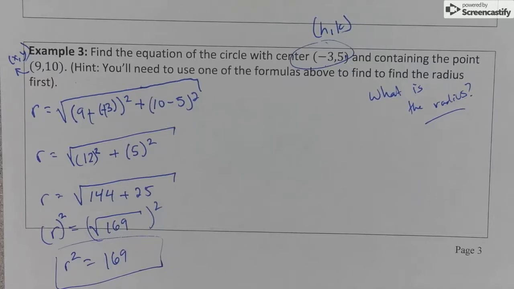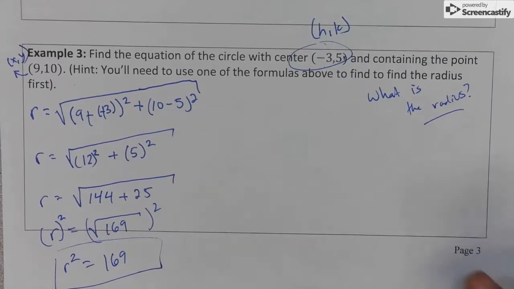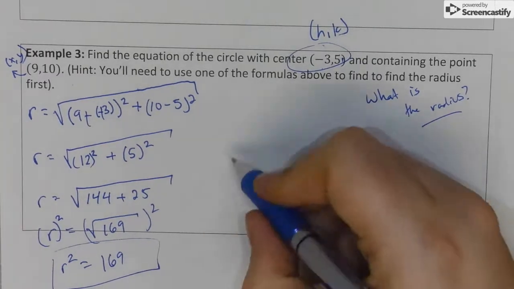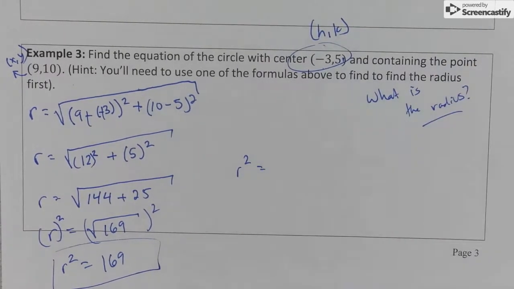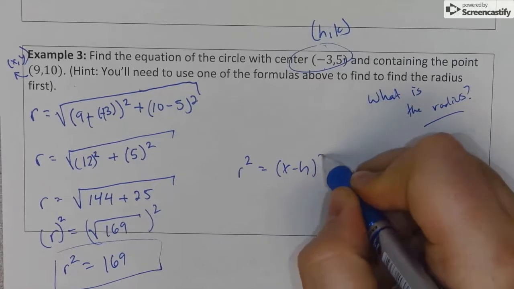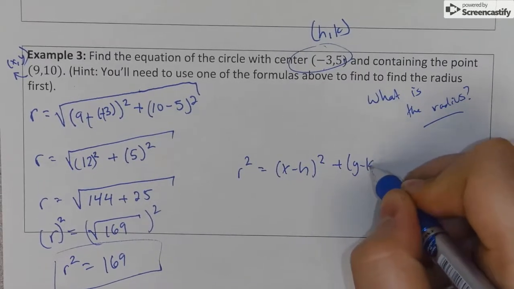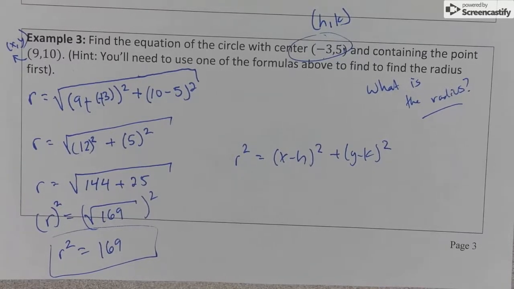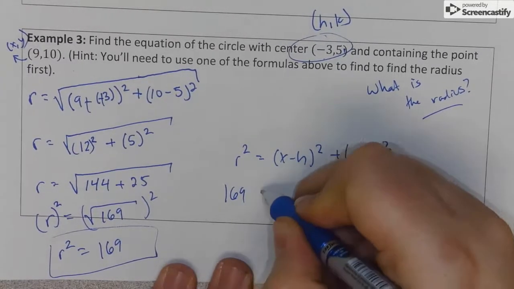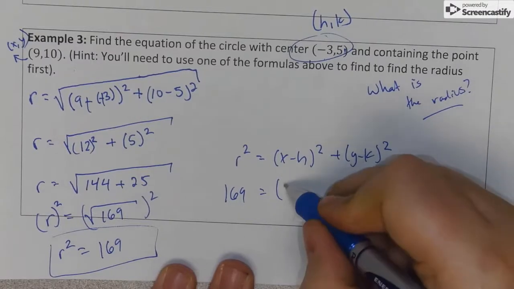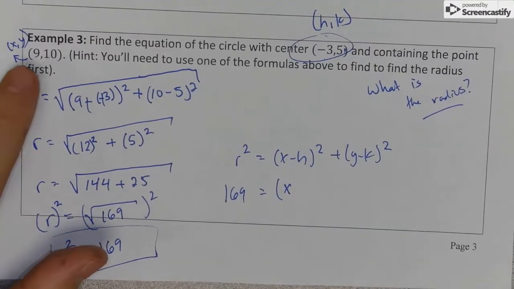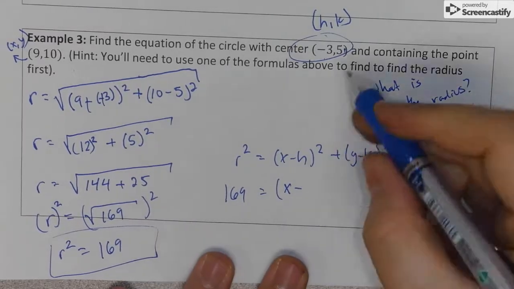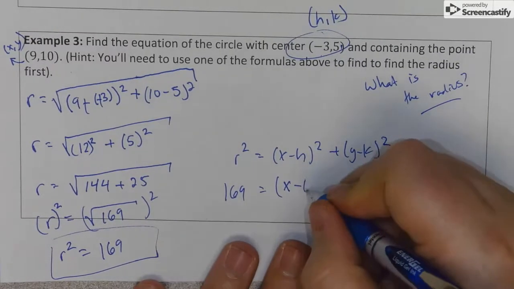So we can use that with the equation of a circle, which, just looking above on your sheet, is r squared equals x minus h quantity squared plus y minus k quantity squared. Now we know r squared is 169. We're going to leave x as x. We're not going to plug in the 9. We know h is -3.